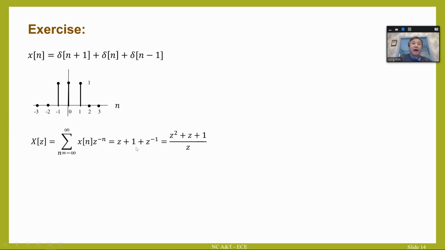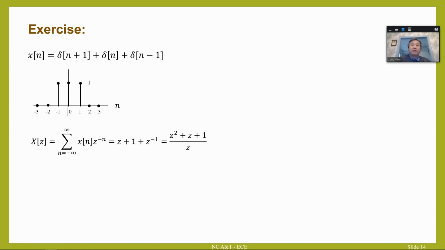Clearly we can define this because it is a time limited function. So definitely the ROC, region of convergence, is everywhere except z equal infinity, and also the 1 over z term, where z equals 0 is also infinity.